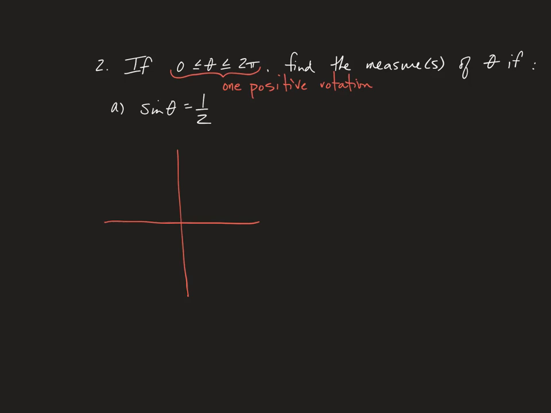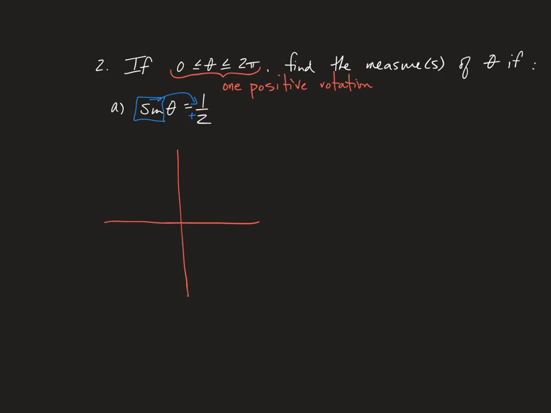So let's walk through it really quickly. This problem says that your sine ratio is positive. And you should be able to tell me where your terminal arm is simply by looking at your sine being positive. Because in grade 10, you learned SOHCAHTOA.